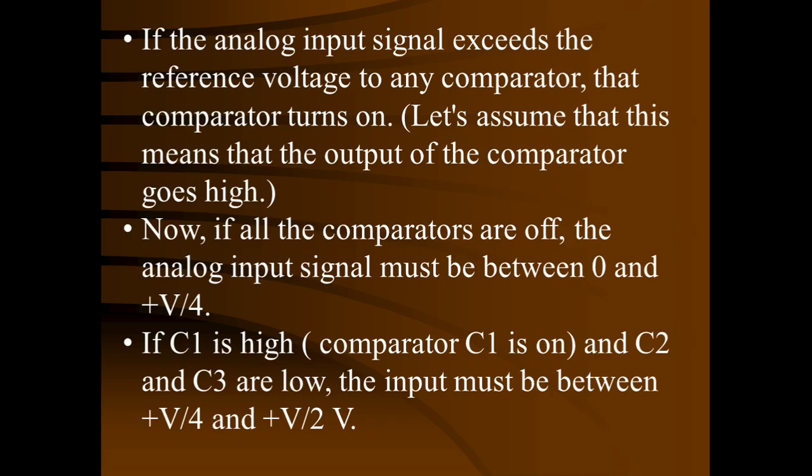If C1 is going to be high, comparator C1 is going to be turned on. That means the analog input voltage is greater than the first comparator reference voltage V/4, and it is lower than the second comparator reference voltage +V/2. That means the analog input voltage must be in the range from +V/4 to +V/2 volt.